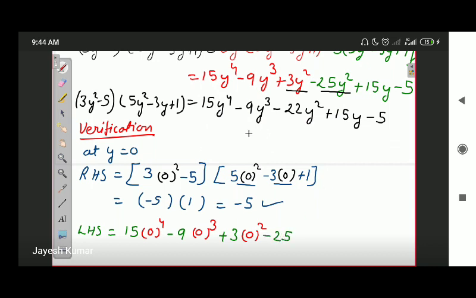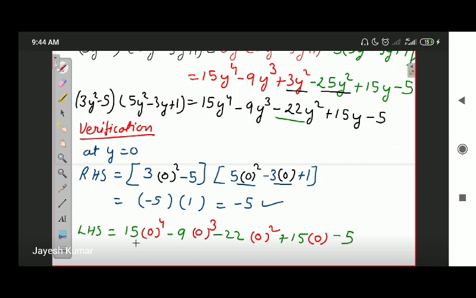Sorry, I guess I saw the incorrect one. This is minus 22 times 0 to the power 2, after that plus 15, and instead of y I will write 0, and finally it is minus 5.